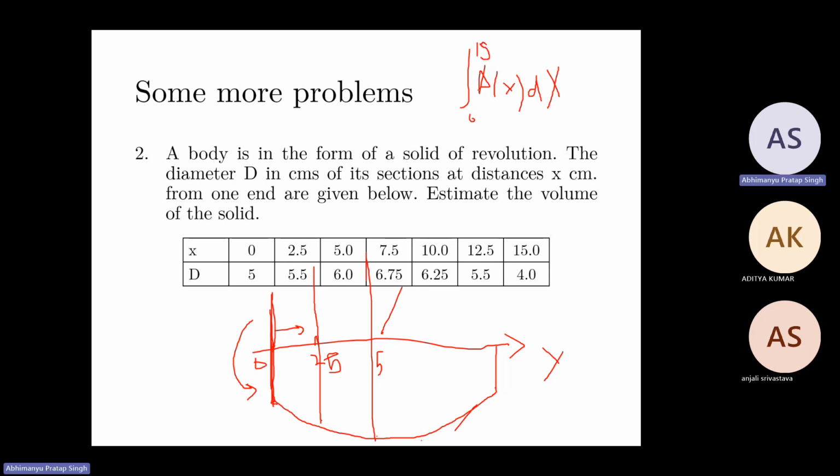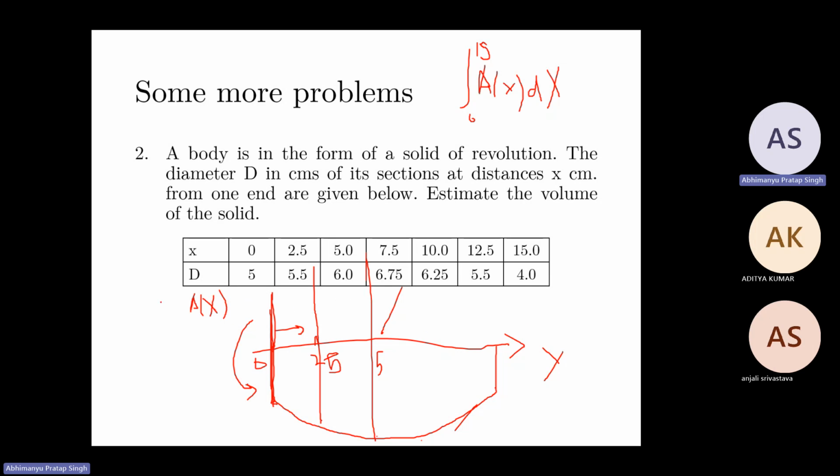And each of these areas would be pi d squared by 4. So you can use any method you want, either the trapezoidal rule, Simpson's one-third rule, or 3/8 rule. You can simply calculate these. I can make one table over here for A of x, calculate all these areas, and then simply integrate over them.